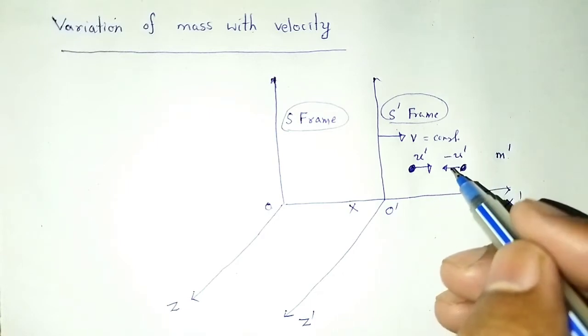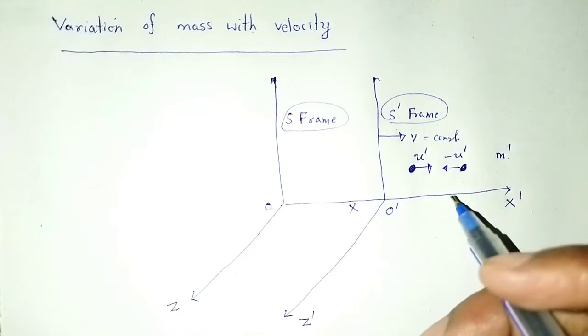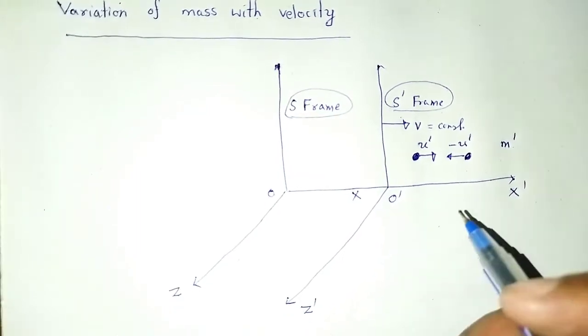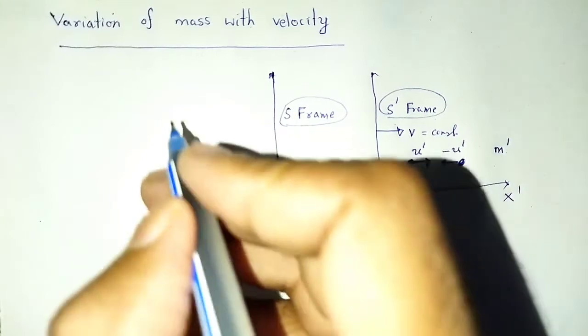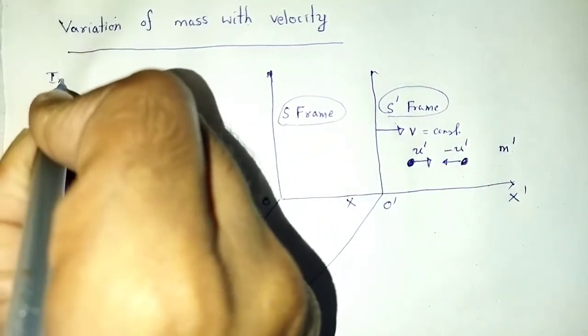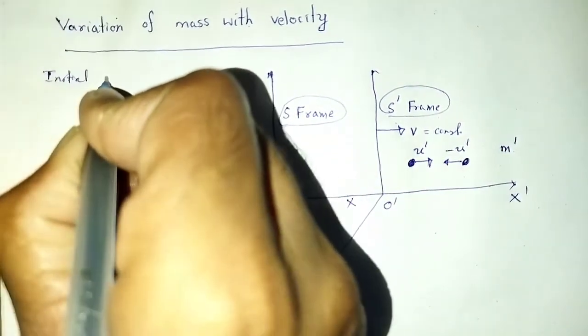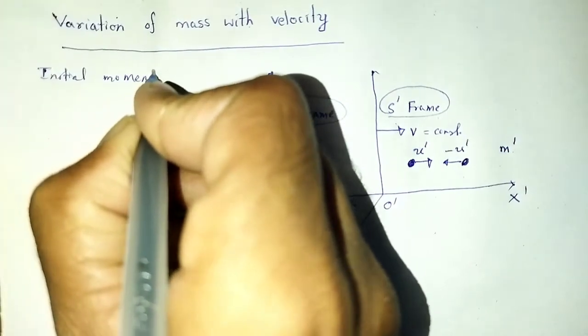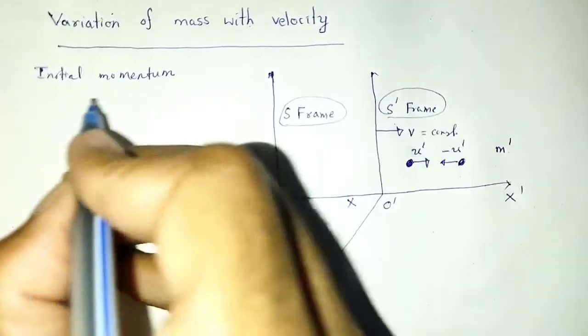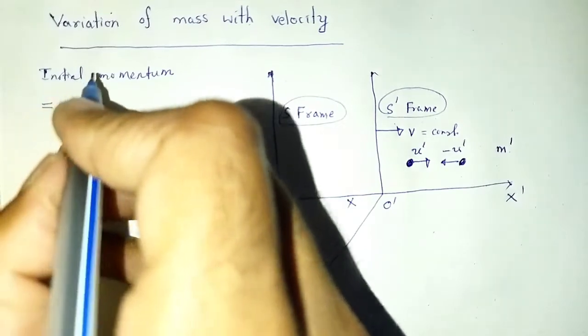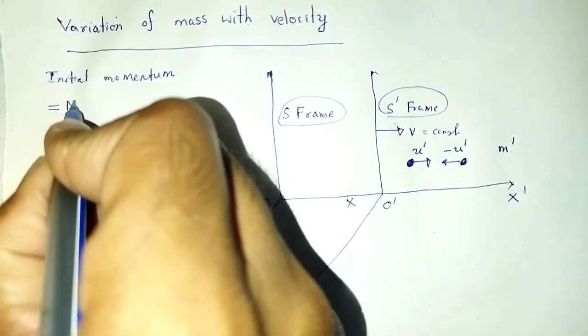When they collide with each other and coalesce after collision, the initial momentum is the same as the momentum of the combined body.